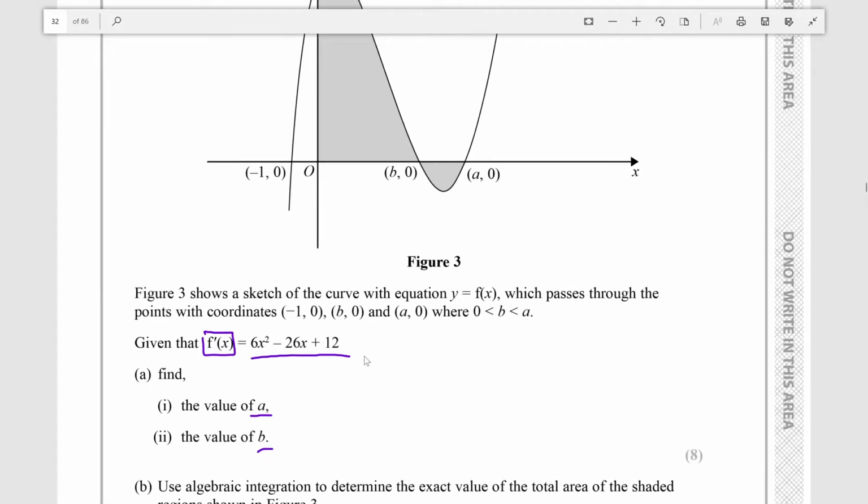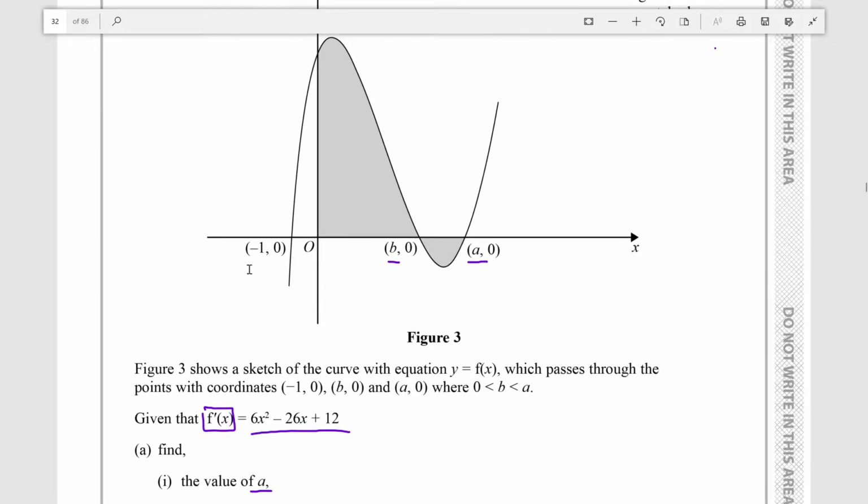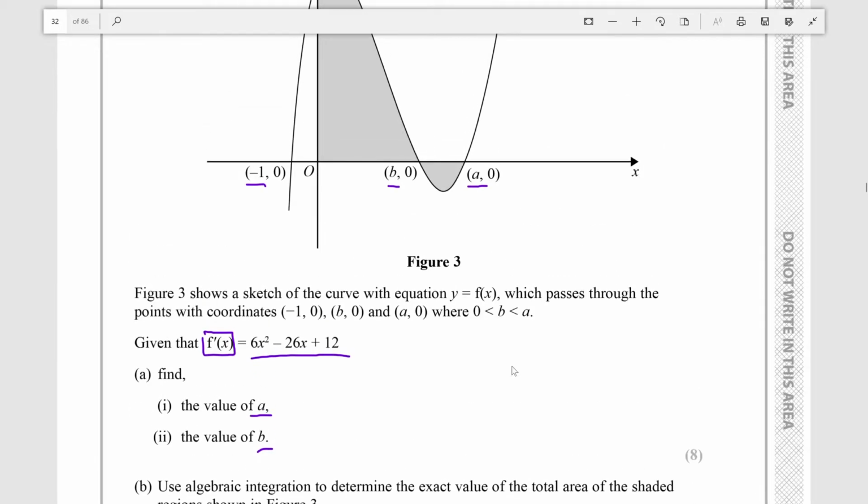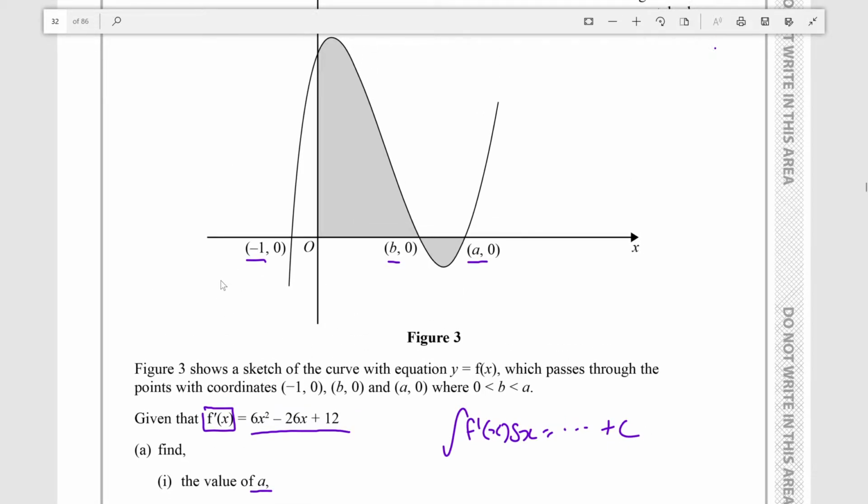Okay, so a and b seem to be two other solutions of the equation rather than -1. So what I expect we'll need to do is integrate the differential of f(x) dx, which will be some expression plus c, and we'll need to use the fact that f(-1) is equal to 0 to find this c before we can find the full equation of f(x).